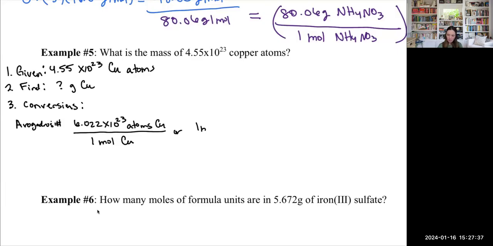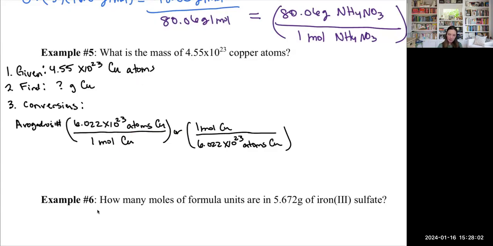Or I could write down 1 mole of copper for 6.022 times 10 to the 23rd atoms of copper. And which conversion factor will I use? It depends what I'm starting with and what I'm converting to. So this will allow me to go from atoms to moles of copper.